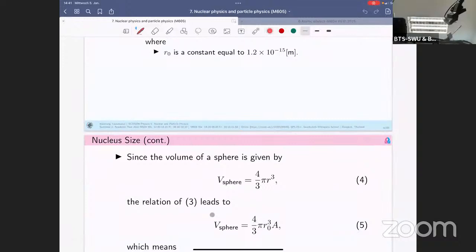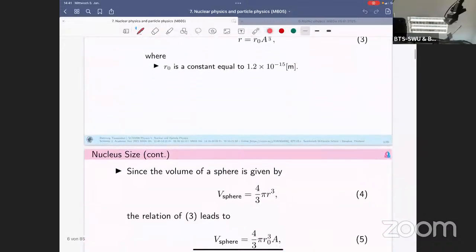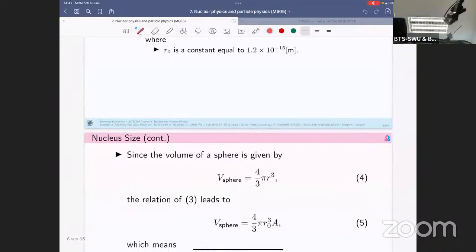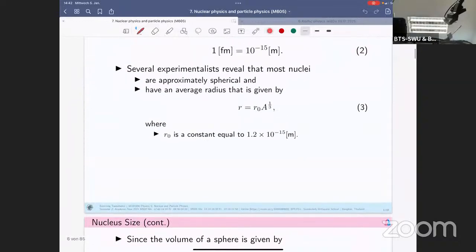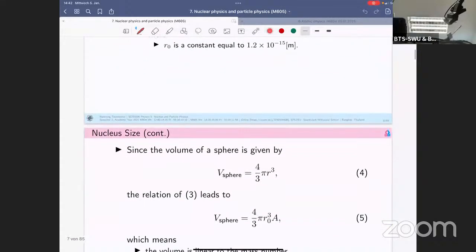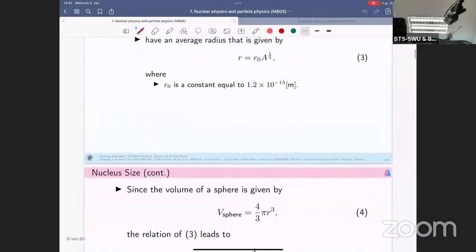Since we will derive something on this page, the volume of the sphere is 4/3 pi r cubed. The relation of the cube will give us R0 and A, so we take A with the power of 1/3.